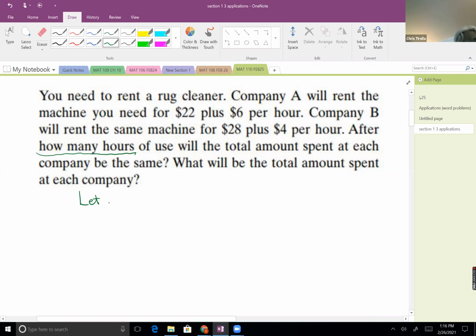So I'm going to let H equal the number of hours. Then I want to write an expression for what the charges would be at company A. Company A charges me $22 and in addition, plus $6 for every hour.